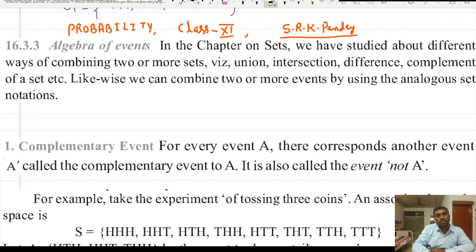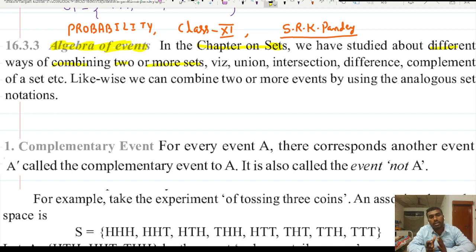Fine. So see here, the algebra of events, right? You know what is the meaning of algebra? Adding, subtracting, all these operations we are doing in algebra. In the chapter on sets, we have already studied the different ways of combining two or more sets.